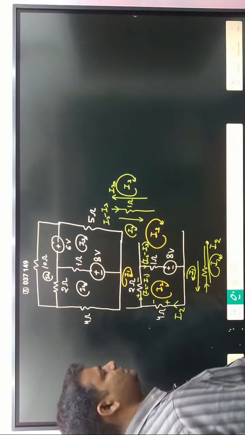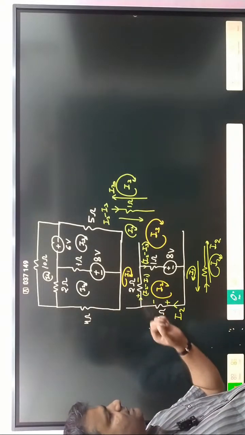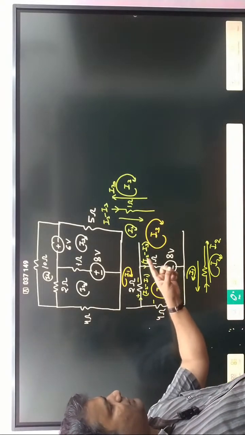Clear or not? So in this branch, I2 current; in this branch, I2 minus I1; in this branch, I2 minus I3.